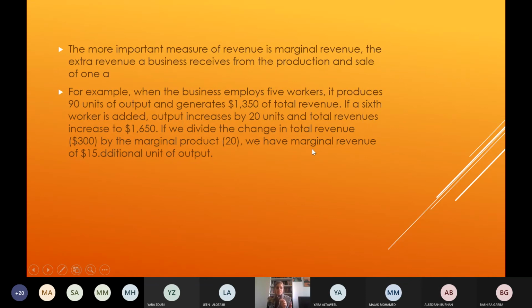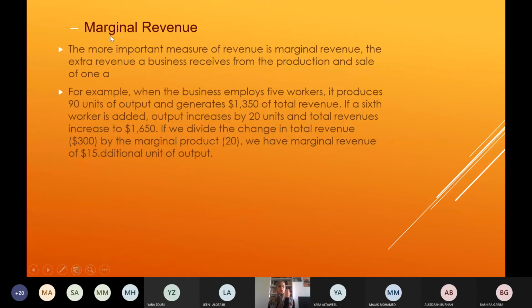So I gained, for each cup of lemonade, 15 riyals, because 15 times 20 equals 300. This is what he wants to know: the marginal revenue for 1 cup of lemonade.